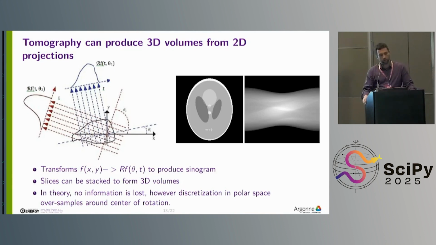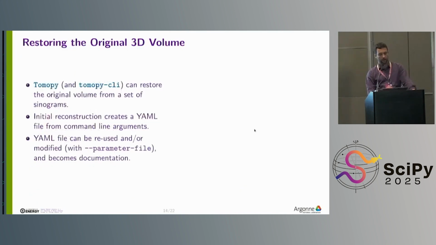But you go from knowing what the image is in X and Y coordinates to knowing what it is in horizontal and angle coordinates. So this phantom on the left becomes this sinogram on the right. This is not useful for us, but this is the data we collect, and then there's a set of algorithms you can run that will reconstruct the volume based on those sinograms.